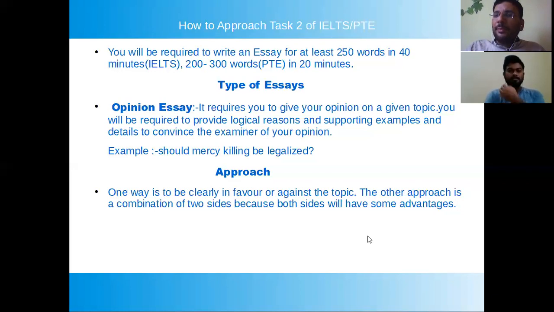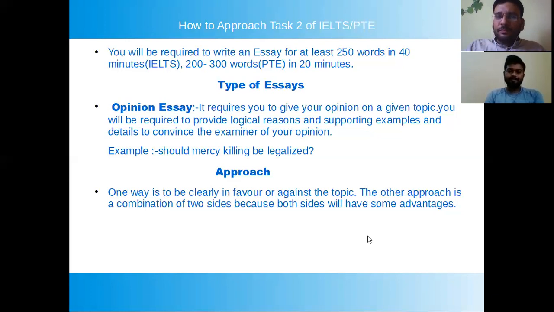Especially if you're looking for a band 8 and above, two things are important: your ideas and your language. If you're able to express your ideas in good language with good vocabulary and a variety of sentence structure, I'm sure you're going to get a good band score, right?